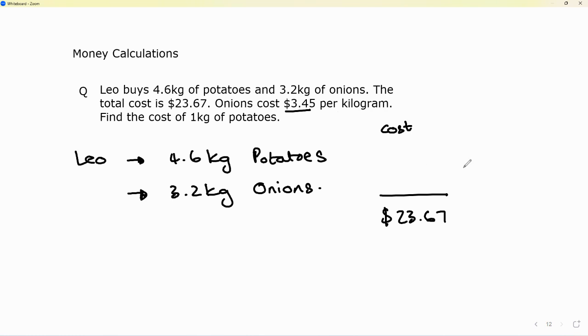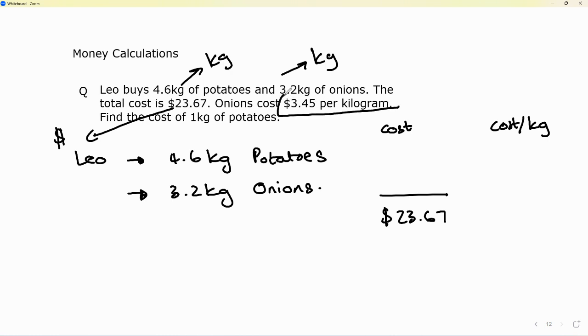Onions cost 3 points. Now we've got the cost per kilo in another part of this, because that's different. Here we're dealing with just kilograms. Then we're suddenly dealing with just dollars, just currency. Then we're dealing with dollars per kilogram, which is different as well.